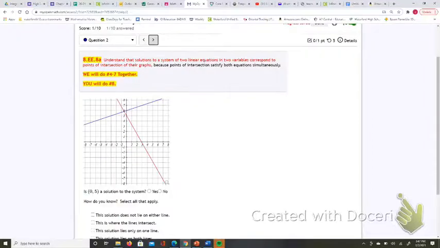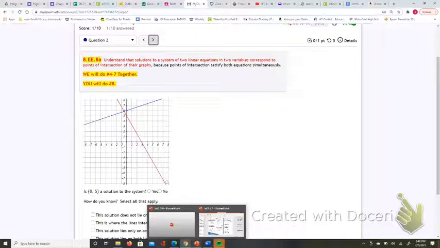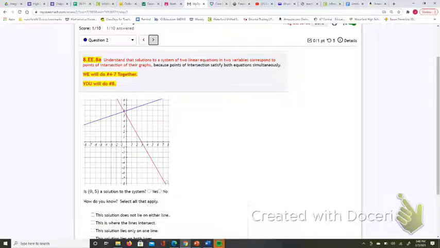In this lesson today, we're going to be concentrating on the graphs where the two lines intersect in one point. Problem number 2 says, is (0, 5) a solution to the system? And how do you know?